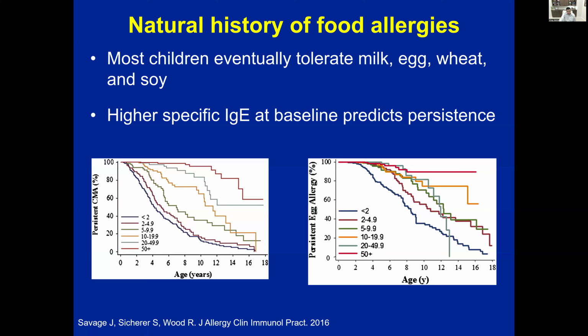Now, one thing about food allergies that is kind of unique is that a lot of food allergies can actually be outgrown. If you look at the natural history of food allergies, most children, and we're not talking about pure sensitization, we're talking about actual clinical allergy, eventually tolerate milk, egg, wheat, and soy.